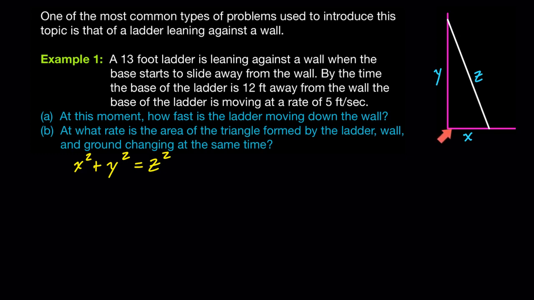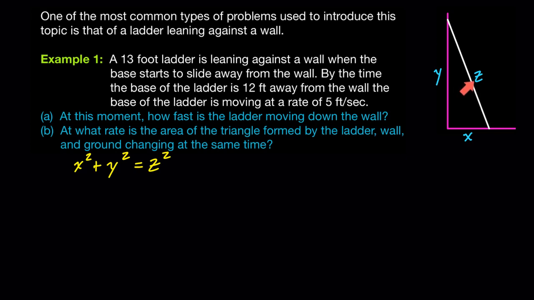Well, if we think about this length right here, because the ladder is sliding away from the wall, this length is going to be changing. We cannot substitute this value into our problem. This value, the length of this, is also going to be changing, because the ladder is sliding down the wall. So we cannot substitute this value in.